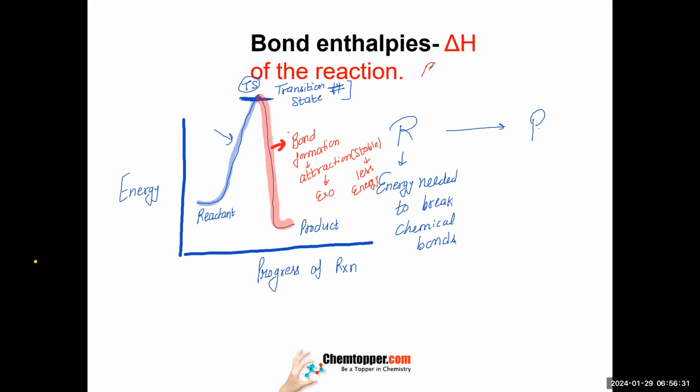So bond is attraction. Bond formation is exothermic. And bond breaking is attraction breaking. It's always going to be endothermic. The blue line, endothermic. You're getting it, children?